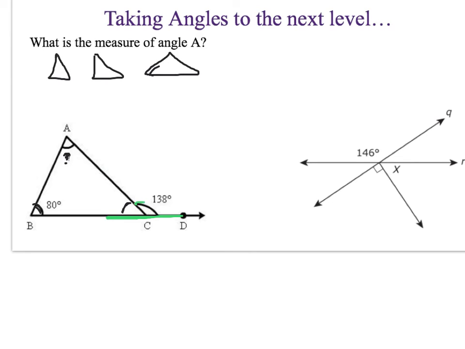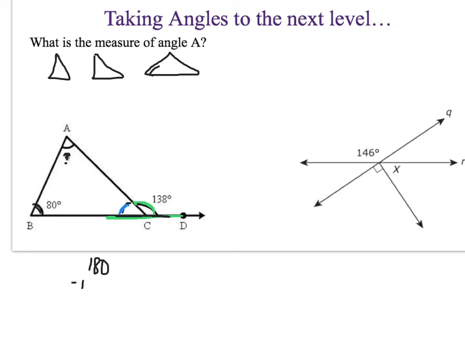I see the angle 138, and I see this other angle inside the triangle. So since those two are on 180 or on a straight line, that means those two angles are supplementary. That means that I have a total of 180 degrees right here.